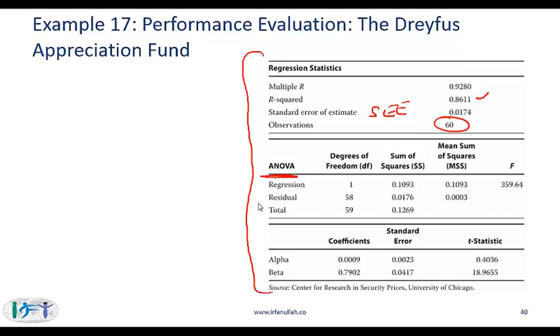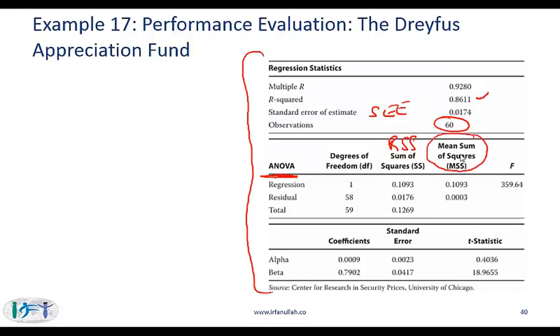So here is the ANOVA table. What are you seeing over here? There is the regression and the residual. So with the regression, the degrees of freedom is 1 because we have one independent variable, one slope coefficient. The sum of squares, this is the regression sum of squares, that is given. So you will not be calculating these numbers, they will be given to you.